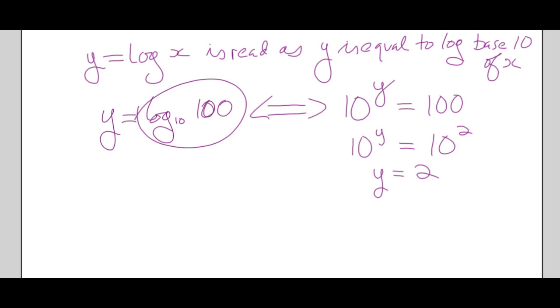So anybody asks you what's a logarithm, and you say it's an exponent. What exponent is it? Well, when it's written like this, it's the exponent that I raise this base to in order to get that value. So when I look at this, I say 10 to the what is 100, and then I come up with 2 pretty quickly, right? And I say 10 squared, so then the y value is 2.